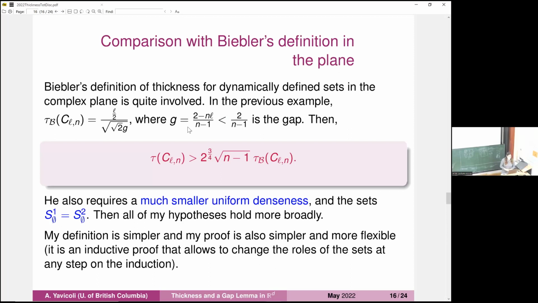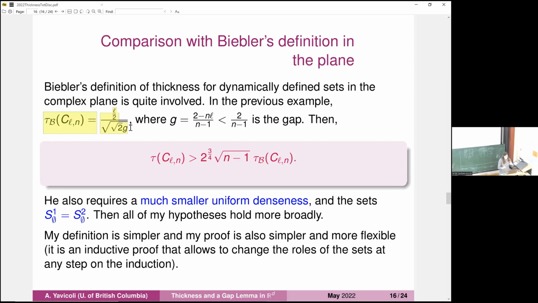Well, now I'm going to compare with Biebler's definition in the plane. Biebler's definition of thickness was just defined for dynamically defined sets, so for IFSs in the complex plane, and it's quite involved. It's kind of difficult to get. There are many definitions in between in order to get the thickness at the end. And in the previous example, for example, the thickness given by Biebler is equal to this number.